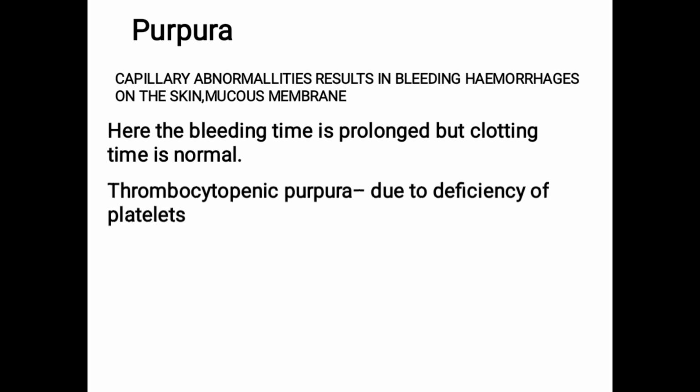One more is there, that's thrombocytopenic purpura. So thrombocytopenic purpura means here the deficiency of thrombocytes or platelets.